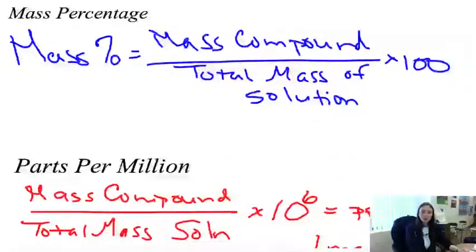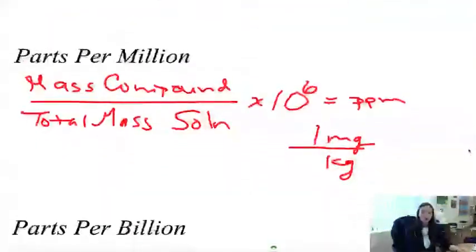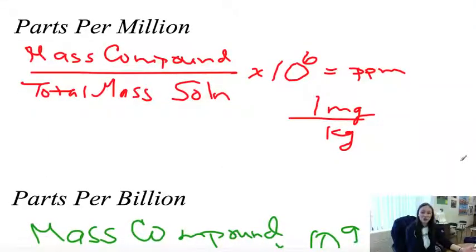Parts per million or parts per billion are usually saved for environmental issues, like how many parts per million of pollution are there in a river. All you do is take the mass of the compound, divide by the total mass of the solution, the same thing, but instead of times 100 for a percentage, you take it times 10 to the 6th, because 10 to the 6th is your million.